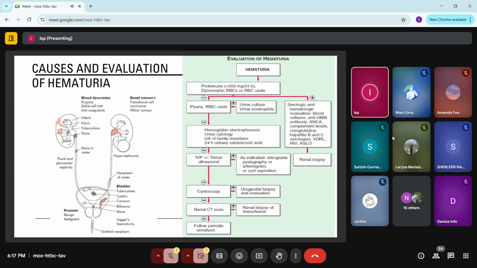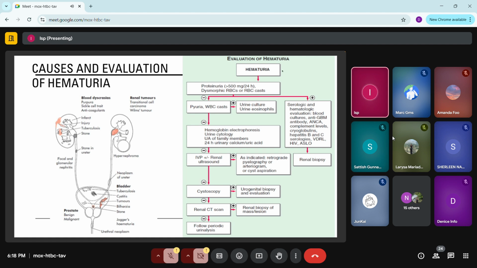Your cortex and medulla, and the kidney eventually will drain into your ureter. The ureters are two draining tubes that drain the urine into the bladder. The ureters insert into the bladder at 2 points here, and that depends on male or female. Eventually, you will drain into the urethra, and you pass out urine from here. In males, you have another organ, the prostate, in between the bladder and the urethra.